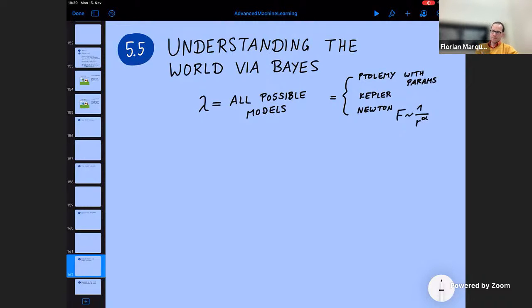And then we could say there is a P of lambda which is a prior over models. Now you see here's where it gets crazy, because it's not easy to come up with such a prior, but people of course are trying, and there are smart ideas.